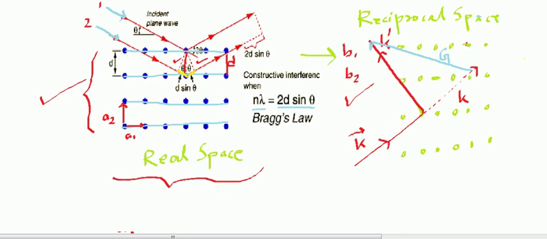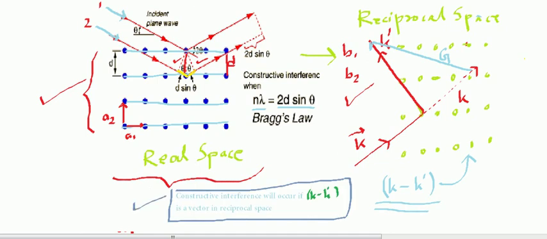In reciprocal space, the condition for diffraction is that k minus k dash, remember, k and k dash are just vectors, if k minus k dash is a reciprocal vector in reciprocal space, then we have constructive interference. Let me write the theorem down. So this is the theorem: in reciprocal space, a diffraction will occur if k minus k dash is a reciprocal vector.